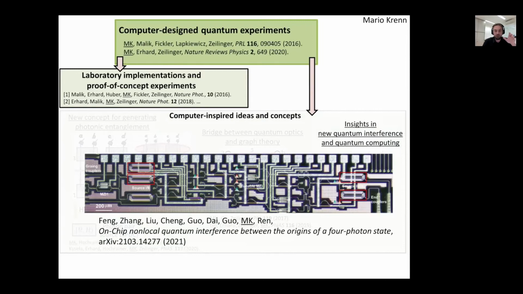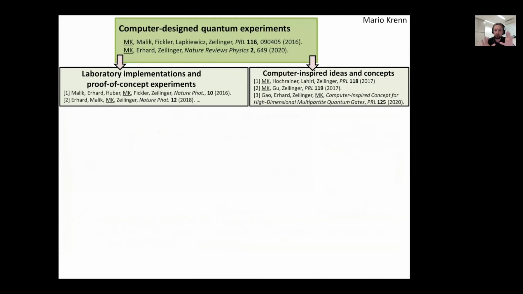So at this point, we see that we can not only get solutions to questions in quantum optics, but we can also learn from those solutions. But understanding solutions from the computer actually takes many days or even weeks.